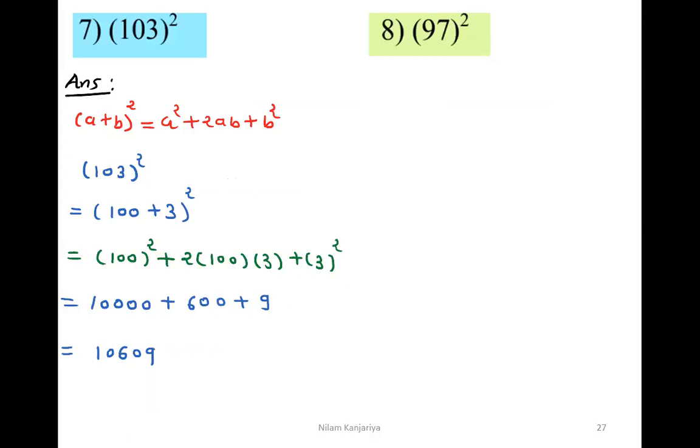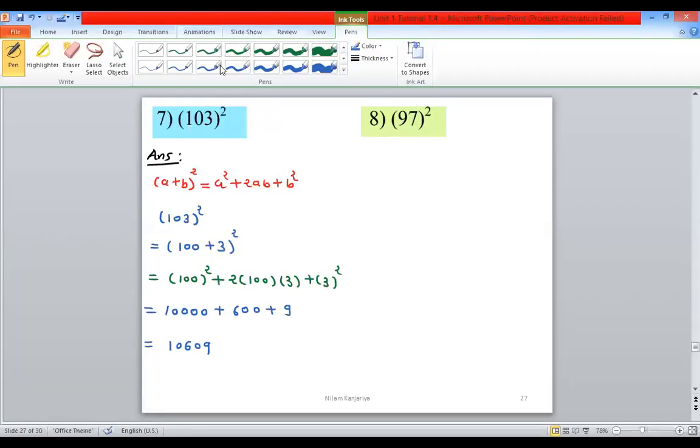Are you clear? The same thing happens in the next question. You can take (90 plus 7) whole square. Otherwise, you can use the minus identity: (a minus b) whole square gives a square minus 2ab plus b square.